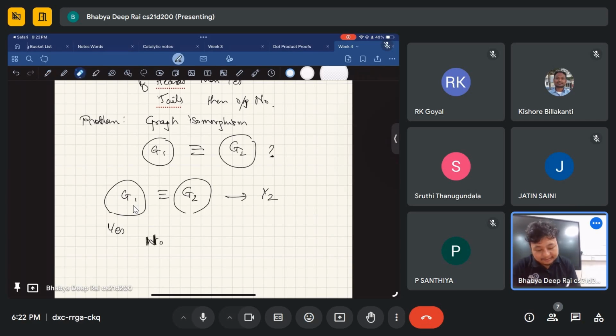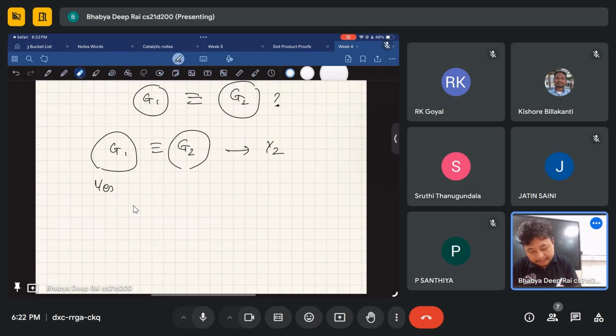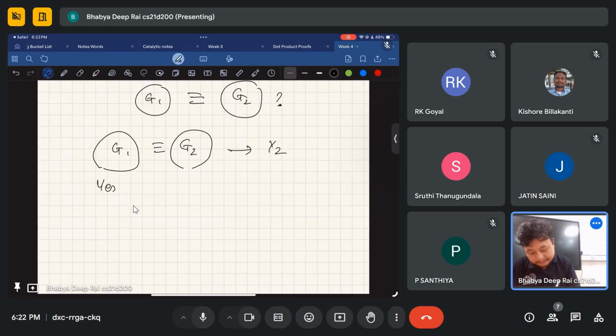Okay, so if the answer is yes, then if there is an error, the toss says tails.